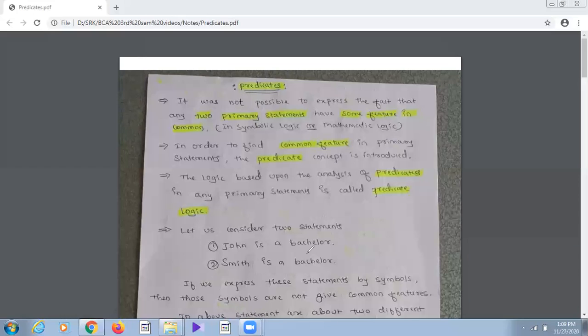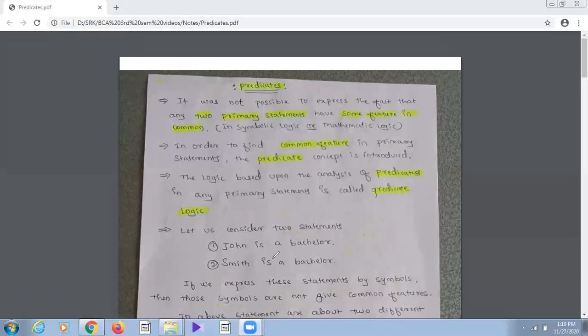So to identify the common features of any primary statements, there is no such method in mathematical logic. What we saw in the previous concept is that whatever the primary statement, we symbolize it with capital letters and use them to form compound statement formulas.